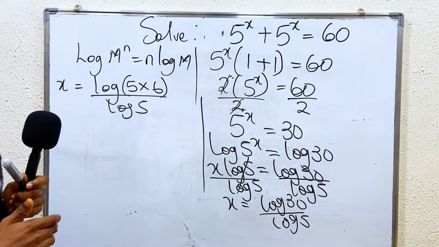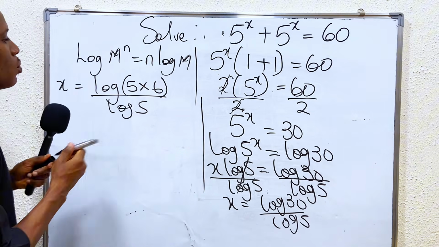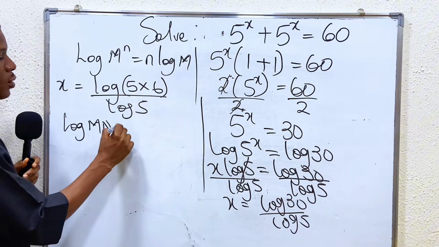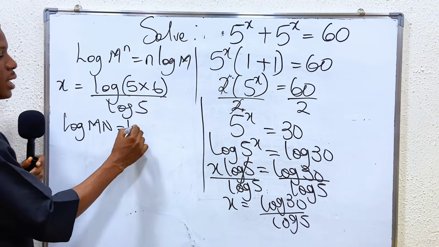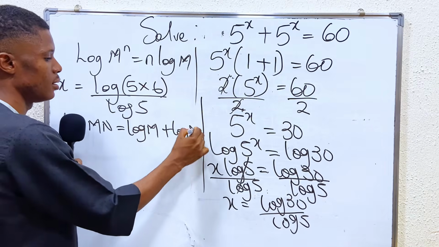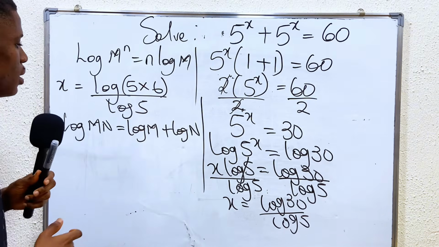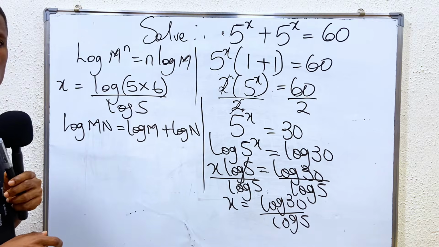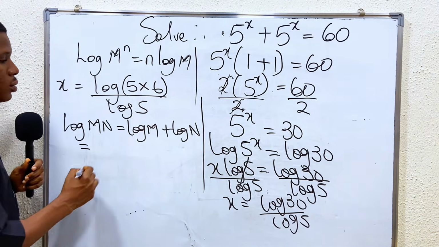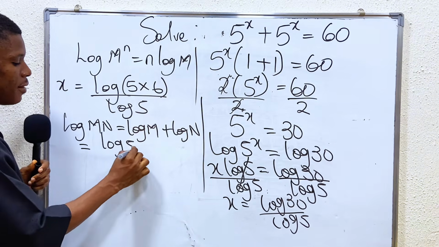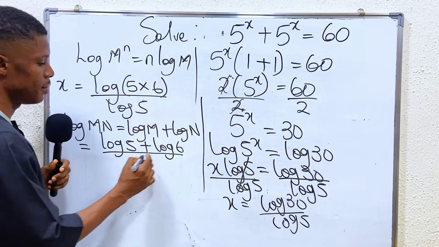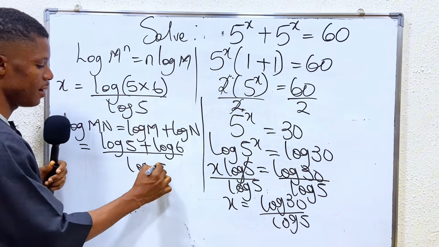Remember the laws of logarithm, which say that when we have log of mn, we can do log m plus log n. If you agree with this, we are going to apply it in the numerator. So instead of writing this, we can now say that x equals log 5 plus log 6, then divided by log 5.